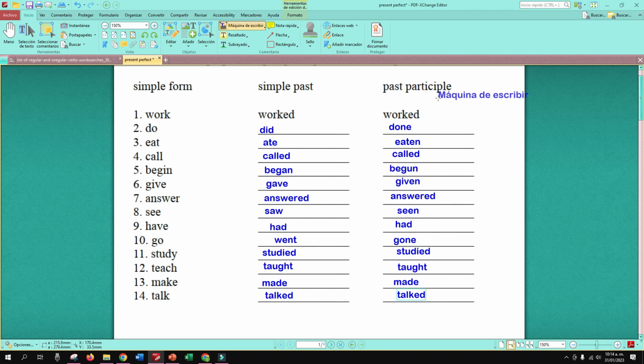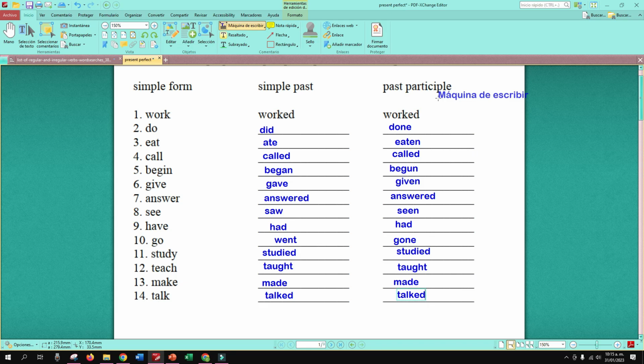So there you have work, worked, worked, do, did, done, eat, ate, eaten, call, called, called, begin, began, begun, give, gave, given, answer, answered, answered, see, saw, seen, have, had, had, go, went, gone, study, studied, studied, teach, taught, taught, make, made, made.